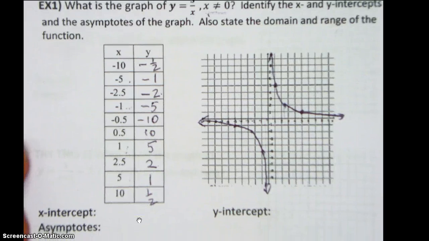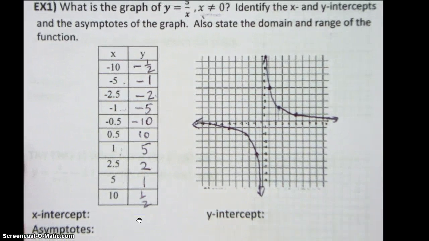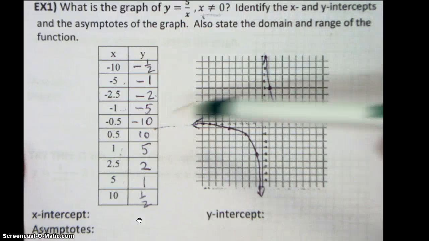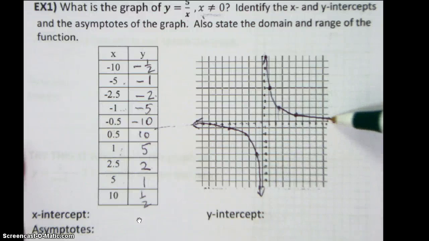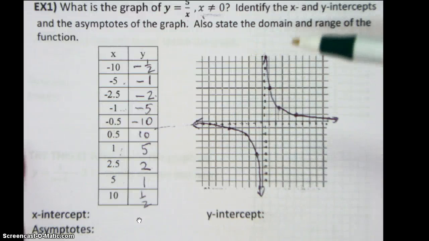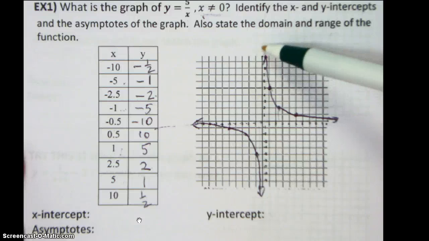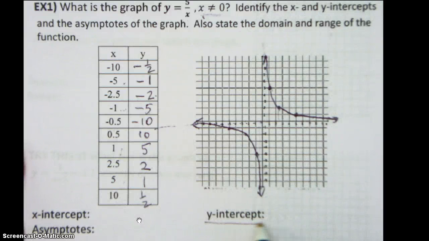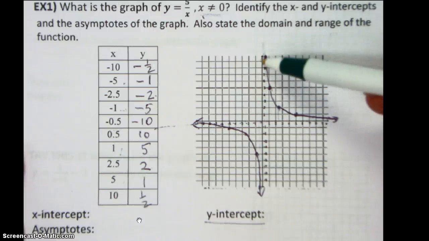So let's look at the x-intercept and y-intercept. We know that this graph, just like the previous example, has two asymptotes, the x-axis and the y-axis. Because of that, the graph can never ever touch the y-axis. That means there is no y-intercept, because the y-intercept is the point where the graph crosses the y-axis.